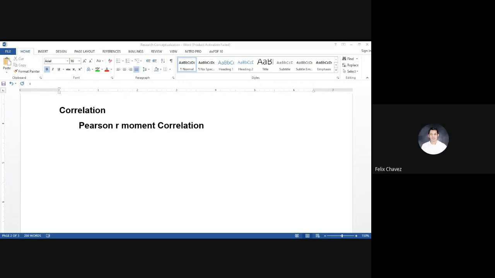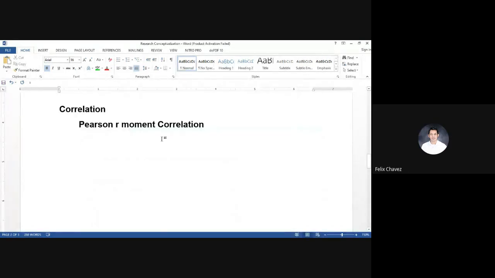Okay, sige. So, but it needs to follow the assumptions of the Pearson R. So for the assumptions of Pearson R correlation, since this is parametric testing, the data should be normally distributed.